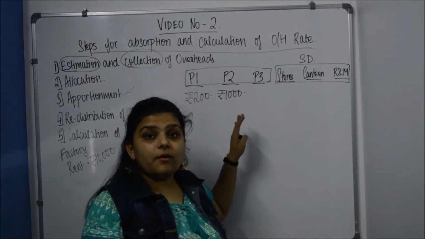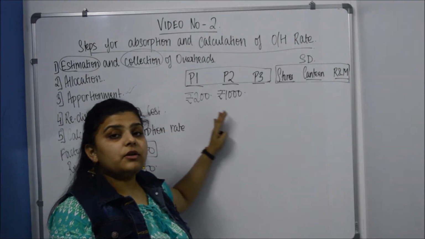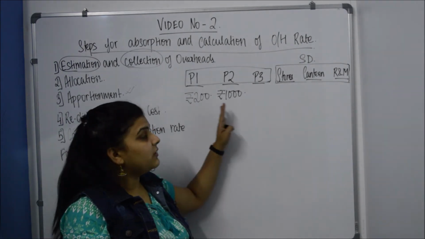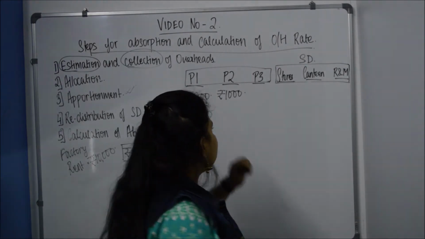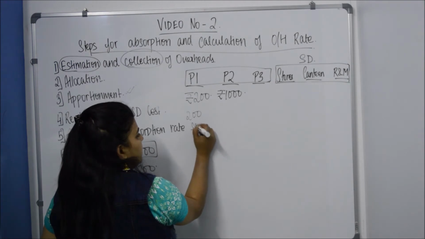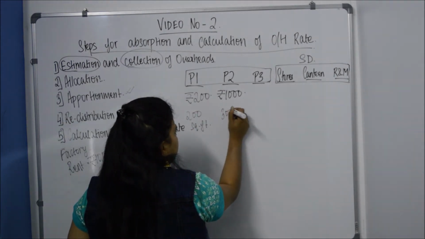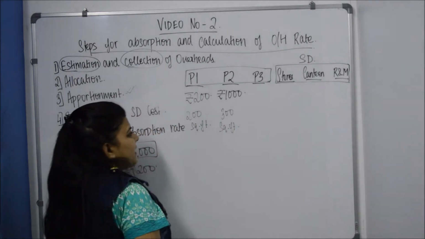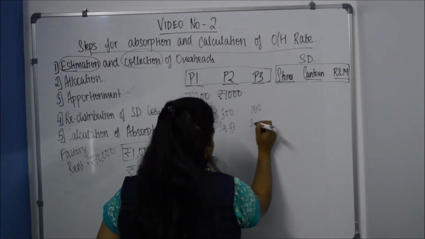What can be the most feasible or the most accurate method for distribution of this cost? The floor space which each department is having. For example, let us say P1 is having 200 square feet. P2 is having 300 square feet. P3 is having, let us say, 150 square feet.